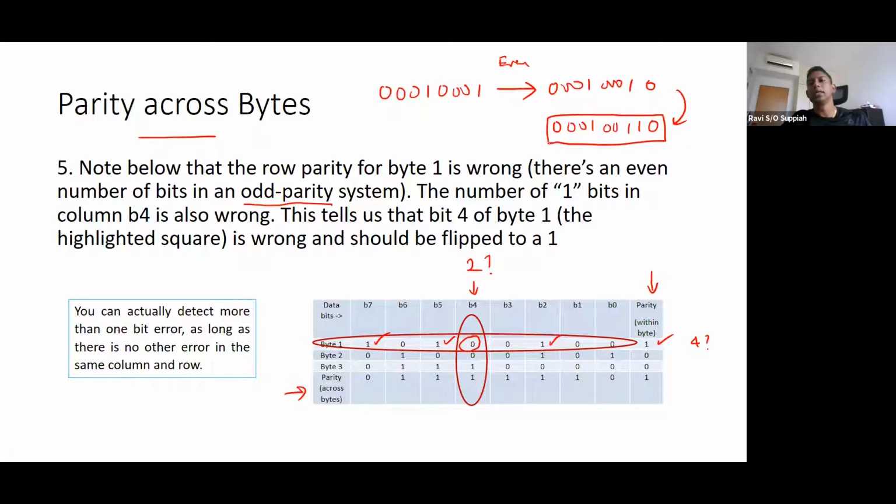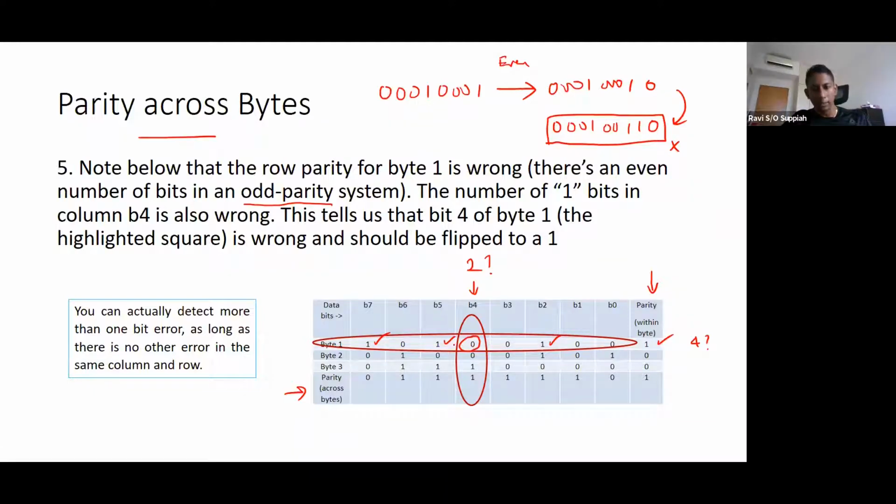You do not know what you transmitted, but when you receive, you see this. Since it's even parity, you know that this is wrong, but you do not know where the mistake is. You only know that there is an error. So with normal parity, when you detect an error, you do not know where it is, because you only count the number of ones. But with parity across bytes, when there is an error, I am able to detect where the error is.